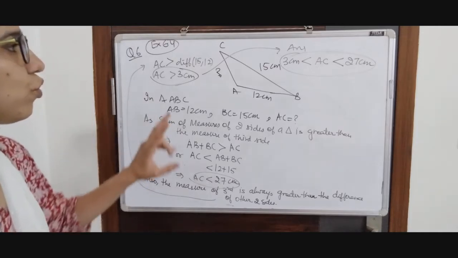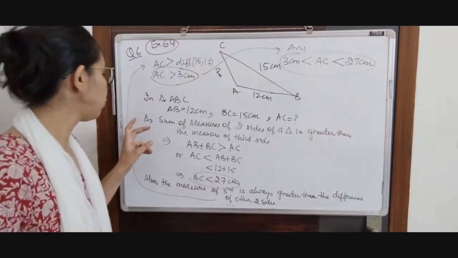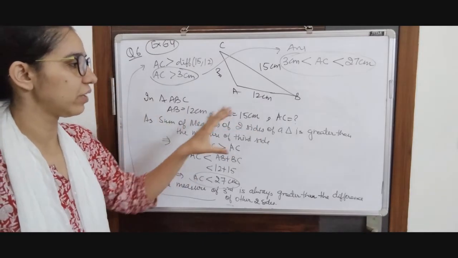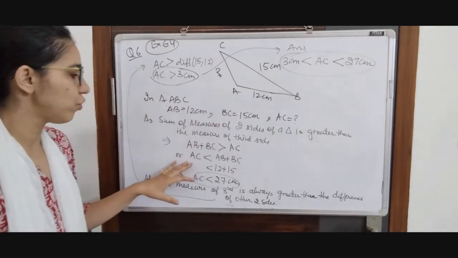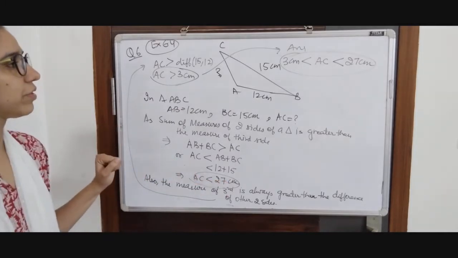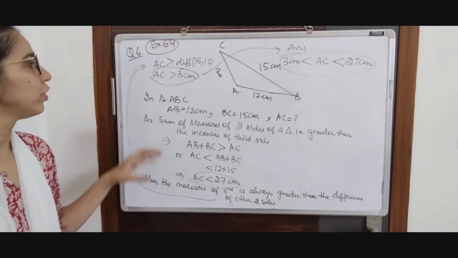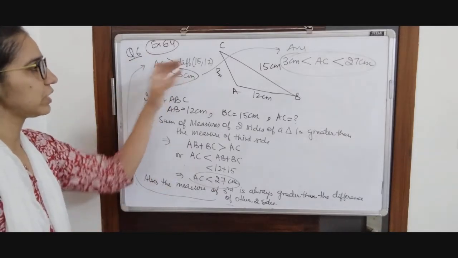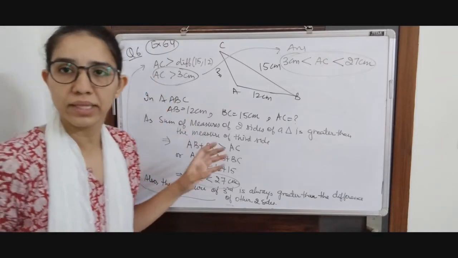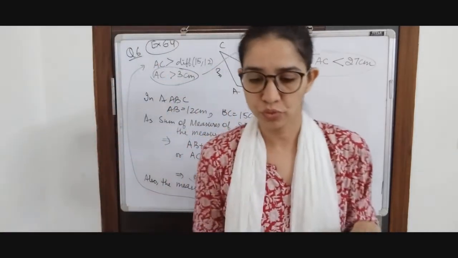You will use two statements here. First, the sum of measures of two sides is greater than the third side, to get the maximum limit of the side. And to get the lower limit, you will need to find the difference of sides, and the third side should be greater than the difference of these two.